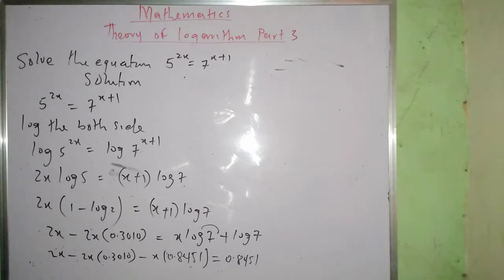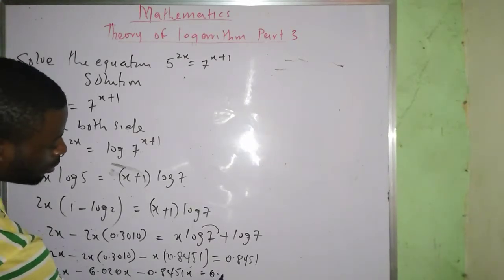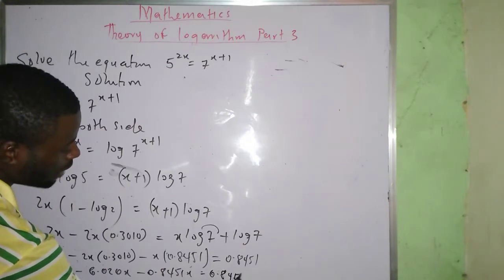Now, since I have this, add up everything. If I multiply, this one will be 2 times log 2, which is 0.6020. This one will be 2x minus 0.6020x minus 0.8451x equals 0.8451.